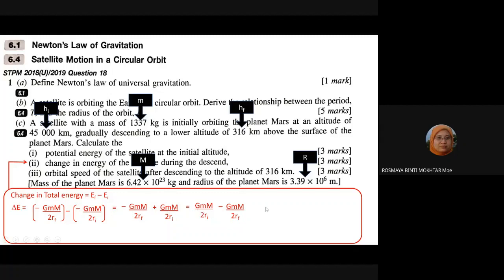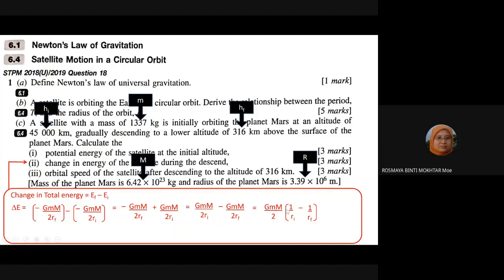Now the substitution part. You can use this method also. Instead of substituting twice, you can factor out GMm per 2. So in the bracket it becomes 1 per ri minus 1 per rf. If you do it the other way, you need to substitute the value of GMm twice.